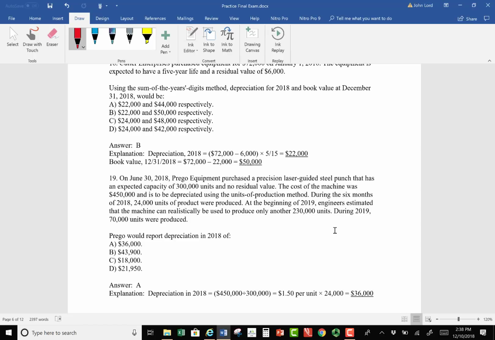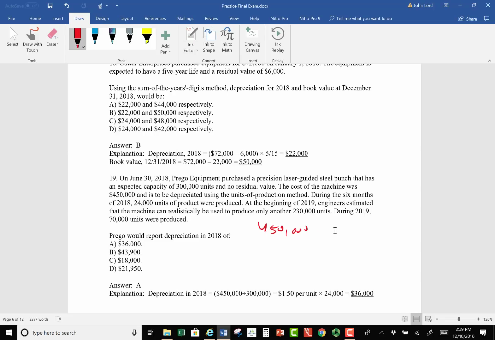Okay. Now, this next one is the what? Using units of production method. Okay. So again, you would take what? You would take the 450,000. You would subtract the salvage value, and the salvage value on this is what?